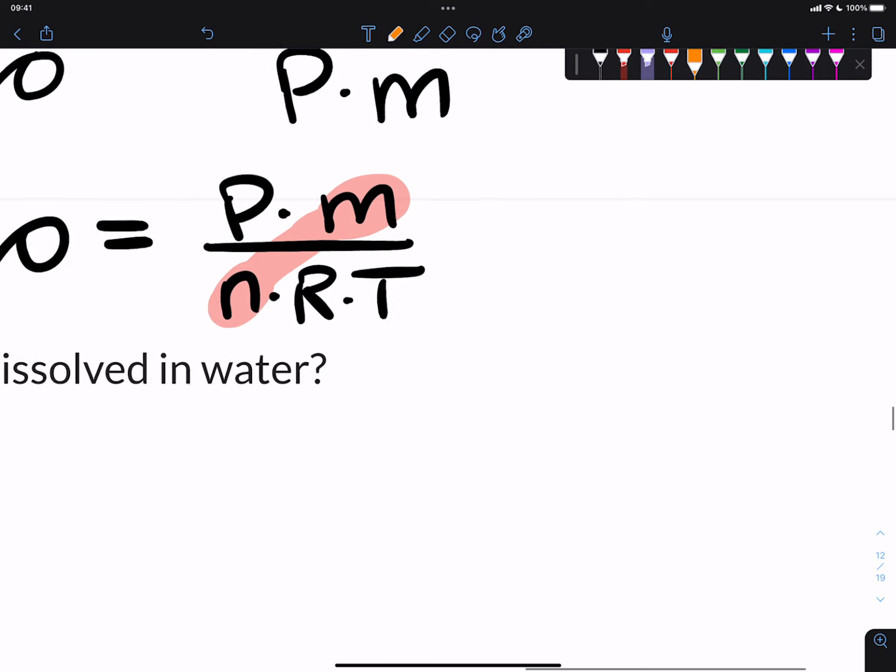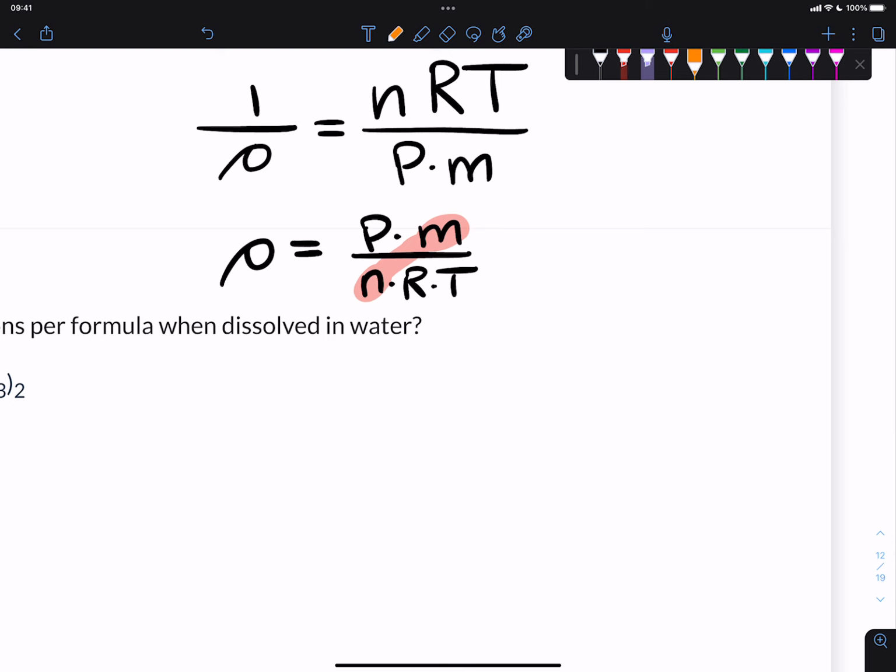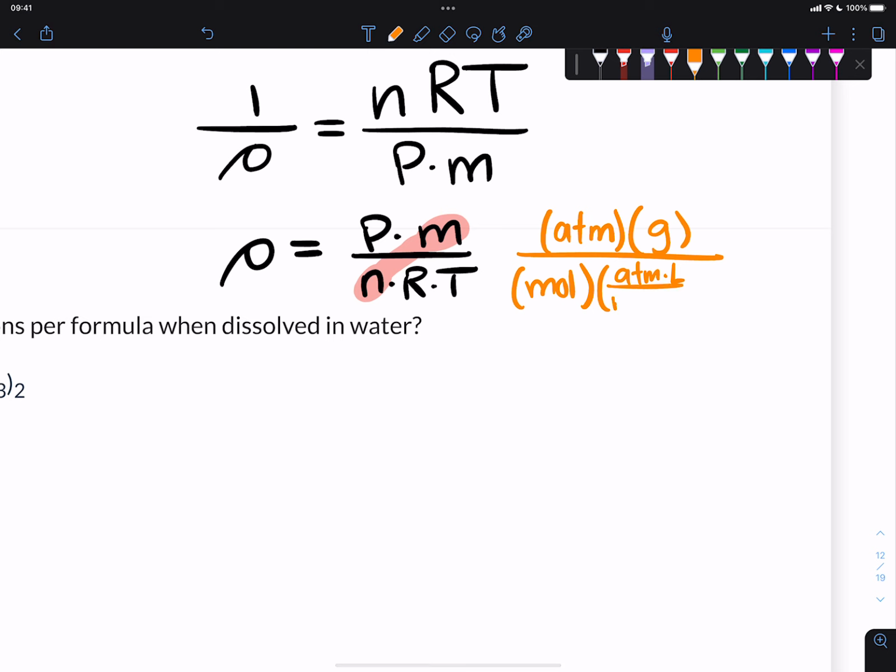If you do a unit inspection, pressure is in atm. Mass is going to be grams. Your n is going to be moles. R is going to be atmosphere liters per mole Kelvin.